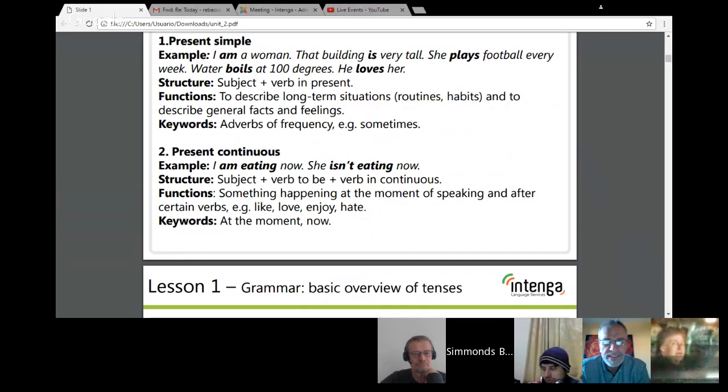She isn't eating now. Structure, subject plus verb to be plus verb in continuous. Functions, something happening at the moment of speaking after certain verbs, e.g., like, love, enjoy, hate. Keywords, at the moment, now.